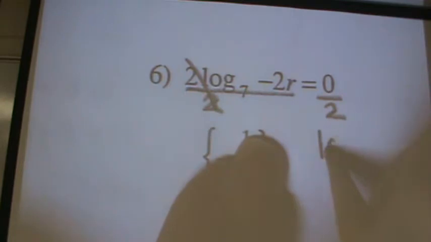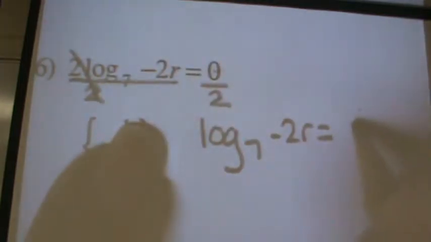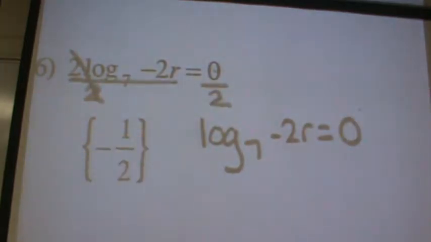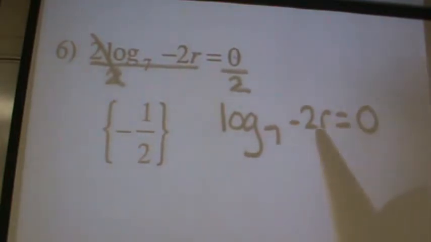So you have log base 7 of negative 2r. What is 0 over 2? 0. Now, what do you do on this problem? Rewrite it. Why can't I cross out log base 7? Because there's not another one on the other side to match it. So at this point, your strategy is to rewrite this one.